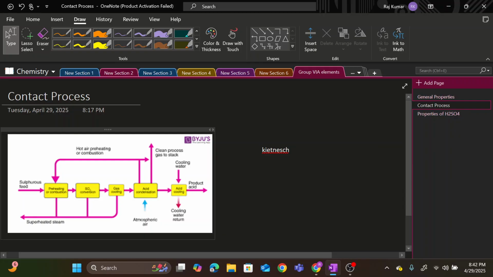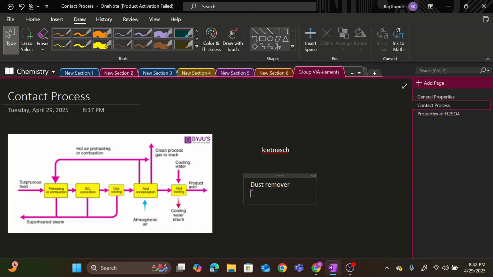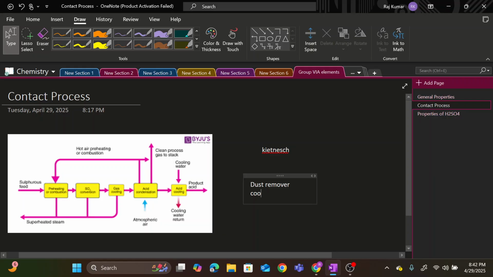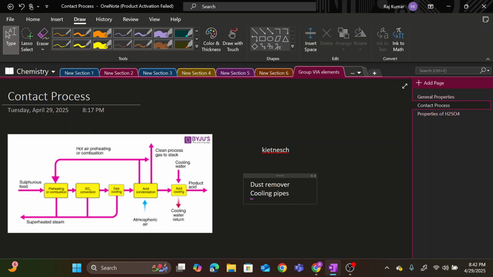Purifying chamber number one is the dust remover, in which steam is injected into the sulfur dioxide to remove the impurities. Chamber number two is the cooling pipe, in which the lead cooling pipes are used, and the sulfur dioxide gas is passed at 100 centigrade in order to cool it.